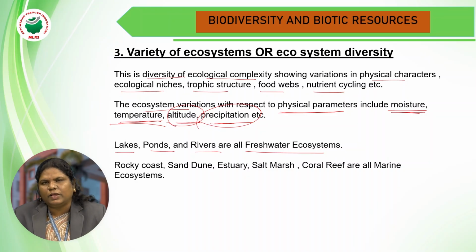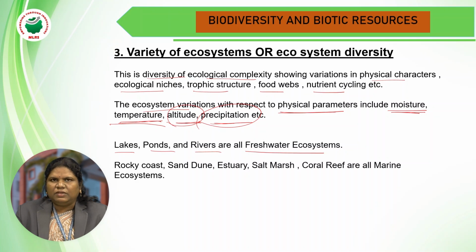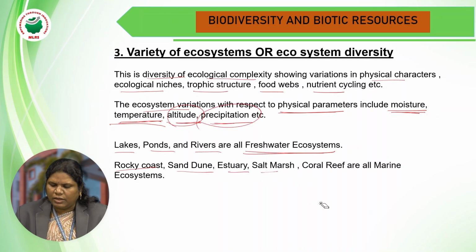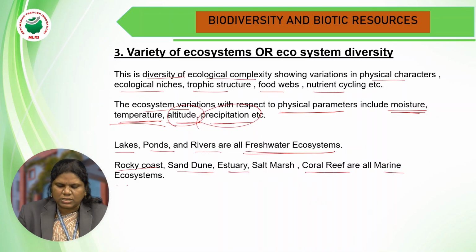In these freshwater ecosystems, some life is sustainable, for example some plants and some fishes, some frogs and crocodiles, which live in water. These live in freshwater ecosystems only. Rocky coast, sand dunes, estuaries, salt marsh and coral reef are all marine ecosystems.